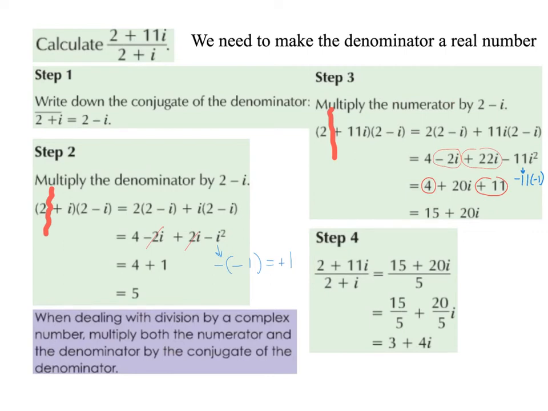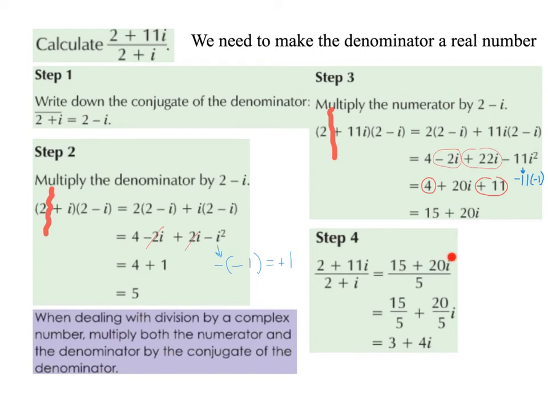So what we did was we changed 2 + 11i to be 15 + 20i, and we've changed 2 + i to be 5. So we're going to rewrite (2 + 11i) over (2 + i) as (15 + 20i) over 5. So this is step 4.